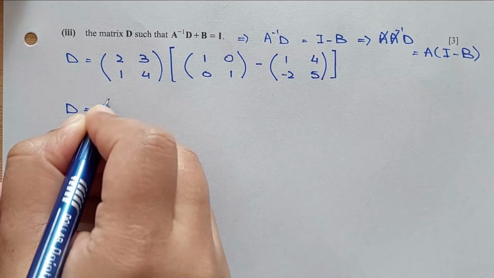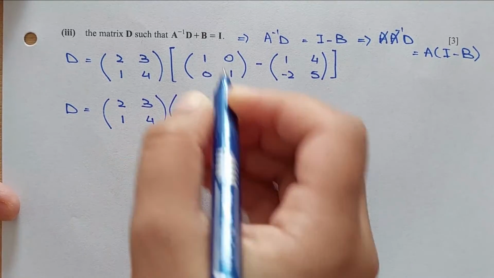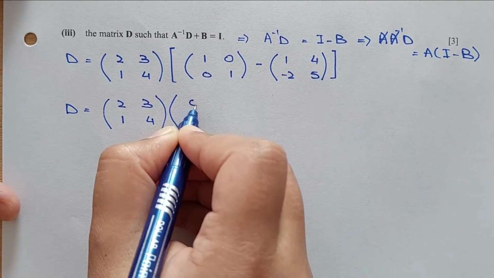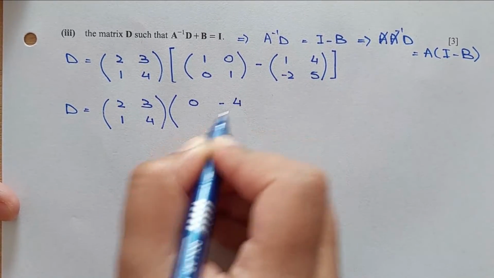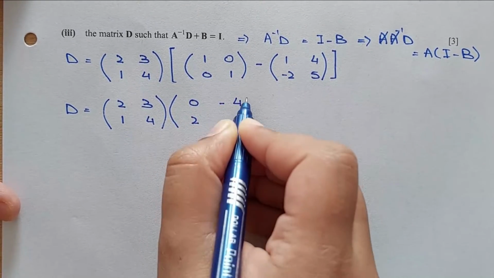Okay, so D equals 2, 1, 3, 4 times, from here, 1 minus 1 is 0, this is minus 4, this is 2, and this is 1 minus 5 is minus 4.